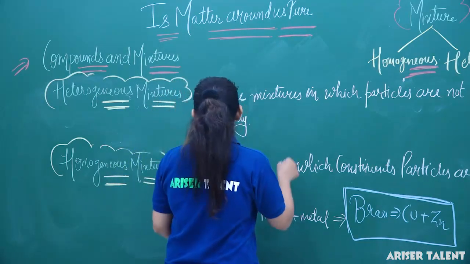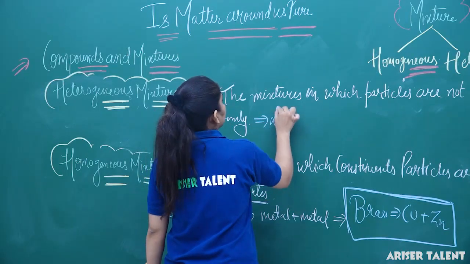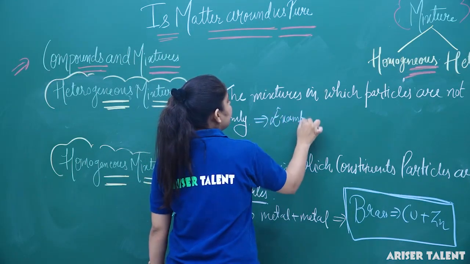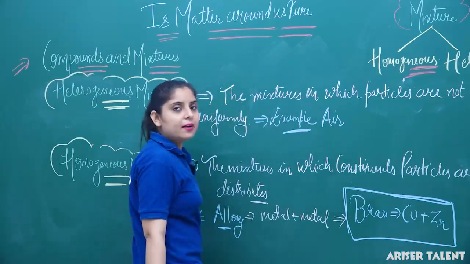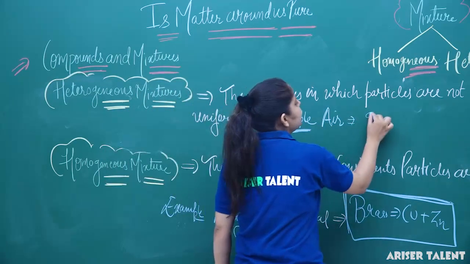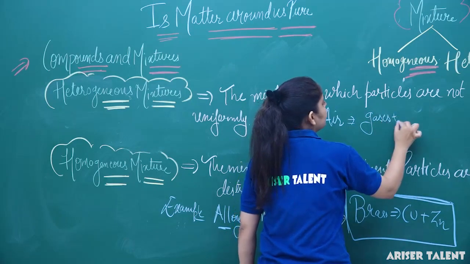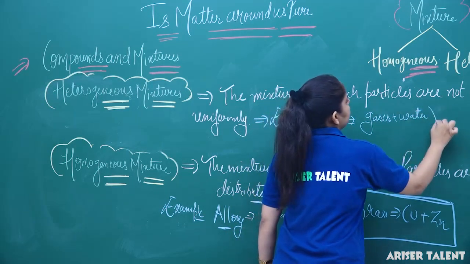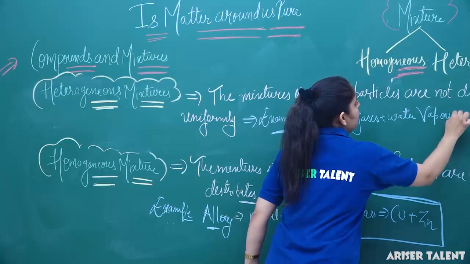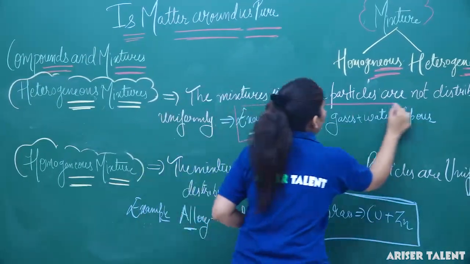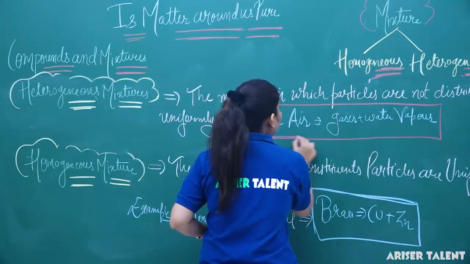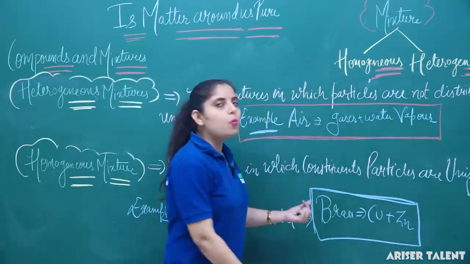So, air is basically a heterogeneous mixture, because along with the gases there is water vapor too. The distribution is not uniform here. So, I can say that air is an example of heterogeneous mixture and alloy is an example of homogeneous one.